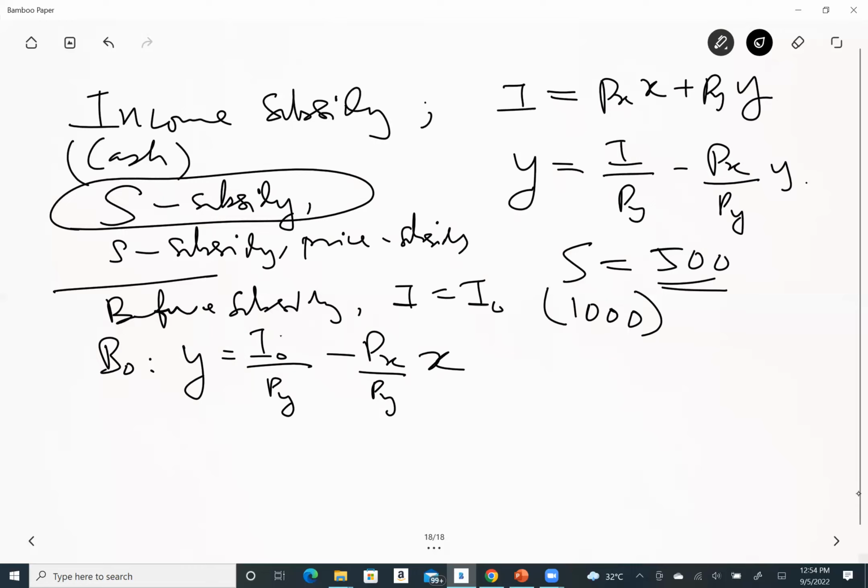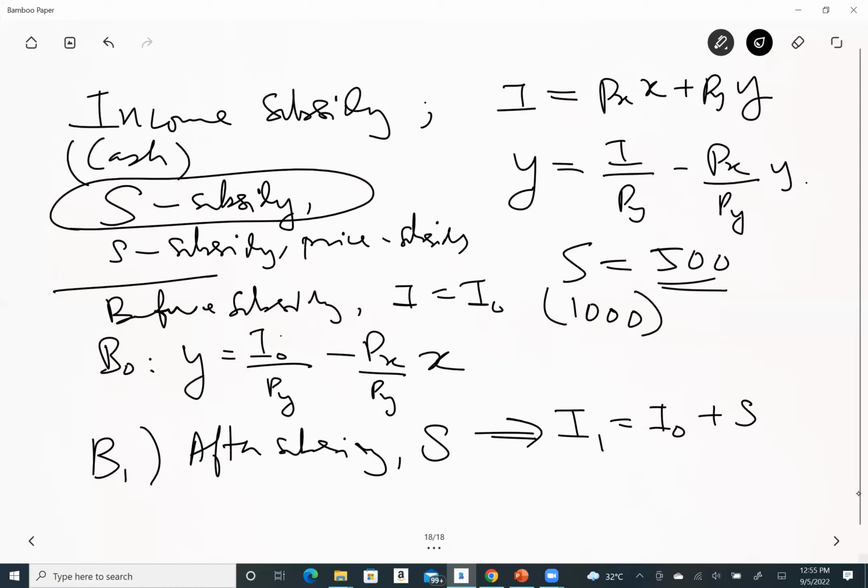All right. Now, you are given the subsidy S. Our initial income is I0. After the subsidy, B1. So B1, after the subsidy, the subsidy is equal to S. Our income now equals I1 equal to I0 plus S. So say 1,000, imagine 1,000, so I1 becomes 1,000 plus 500, 1,500.